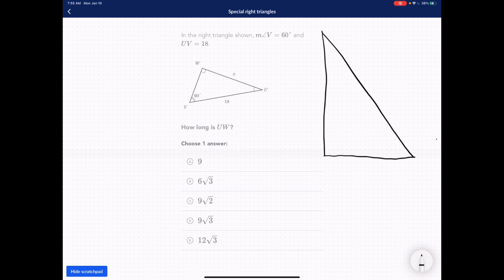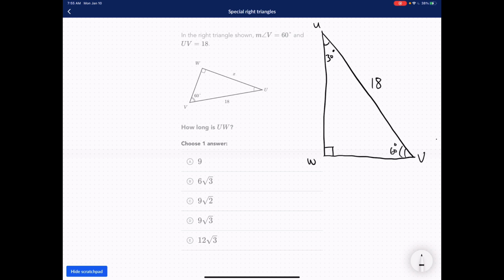Okay, so that's going to be my W. I encourage you guys to redraw it if it's confusing to you. That's V, that's my 60 degrees, and that's my U, which is my 30 degrees, and that's my 18, that's 18.